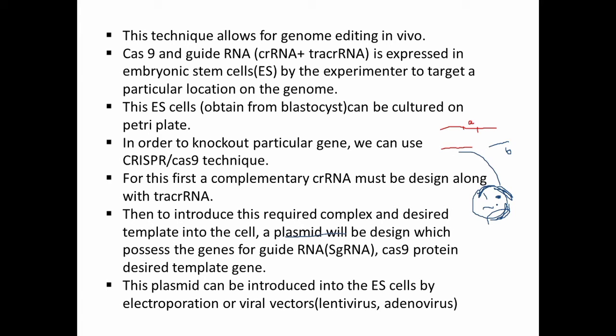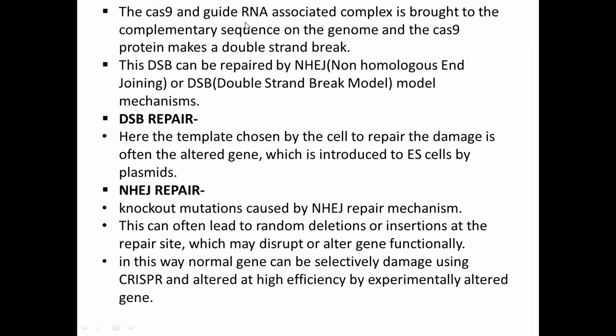Now in the next stage, the Cas9 and guide RNA associated complex is brought to the complementary sequence on the genome, and the Cas9 protein makes a double strand break.